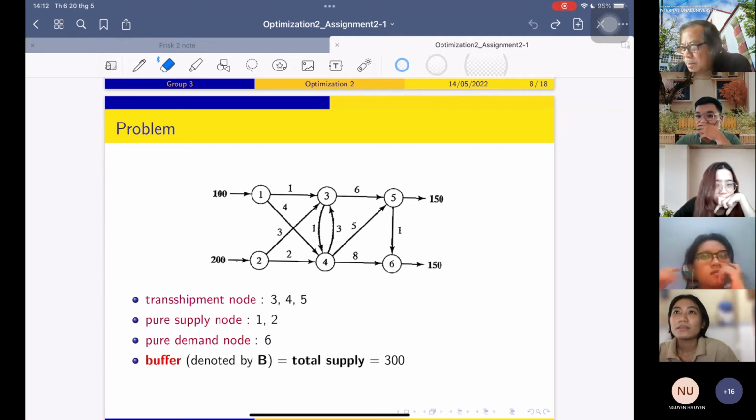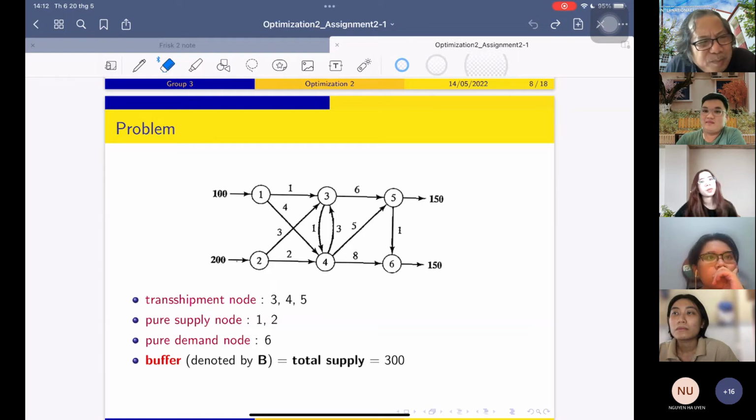At node 1, we have the original supply amount of 100, and at node 2, the original supply amount is 200.